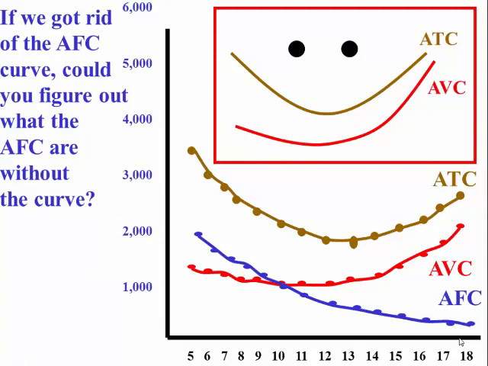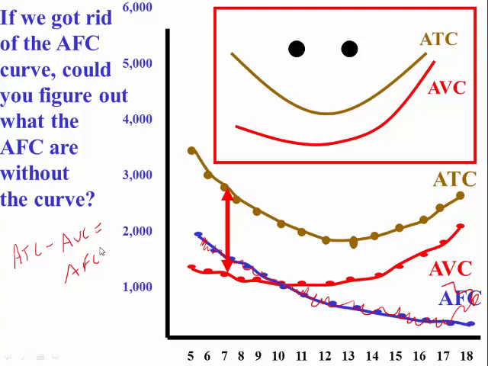If we got rid of the AFC, this line right here, could you figure out what the AFC is without that curve? And the answer is yes. The difference between ATC and AVC is AFC.